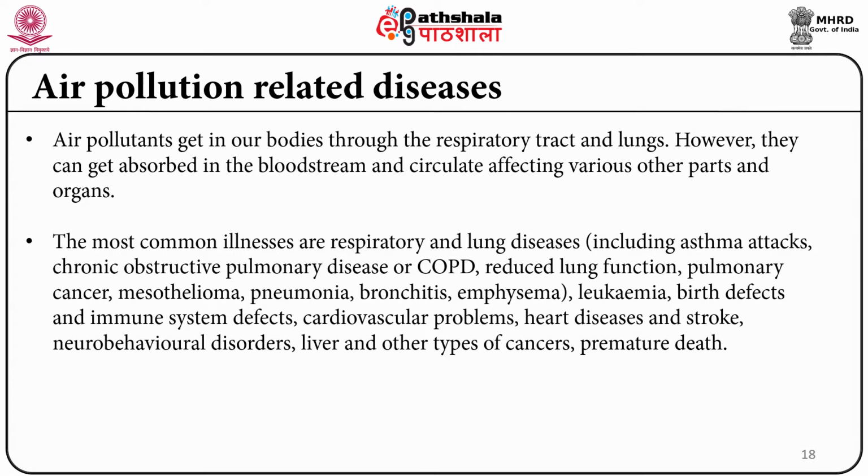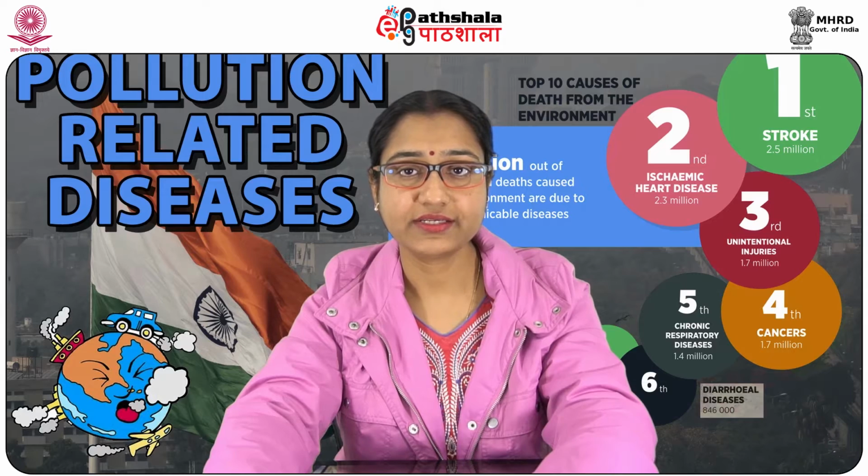The most common illnesses are respiratory and lung diseases, including asthma attacks, chronic obstructive pulmonary disease or COPD, reduced lung function, pulmonary cancer, mesothelioma, pneumonia, bronchitis, emphysema, leukemia, birth defects and immune system defects, cardiovascular problems, heart diseases and stroke, neurobehavioral disorders, liver and other types of cancers, and premature death.